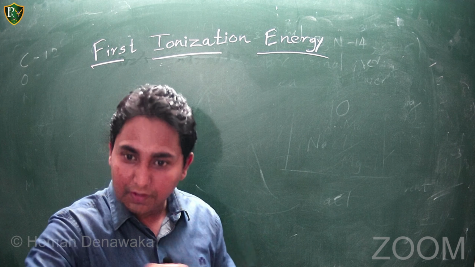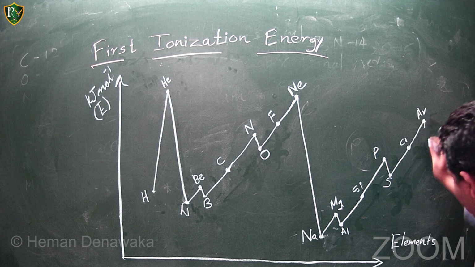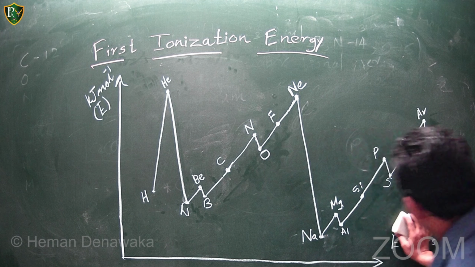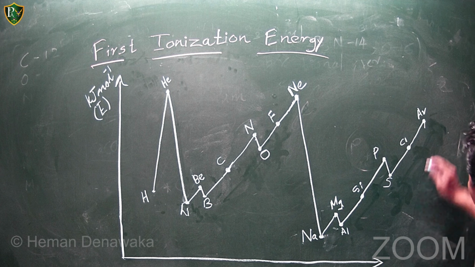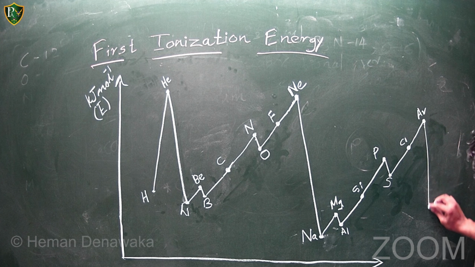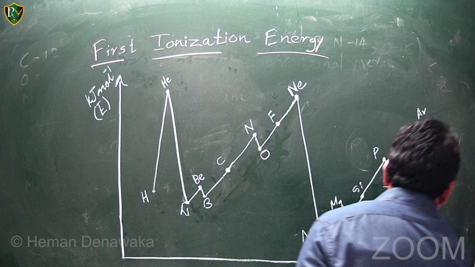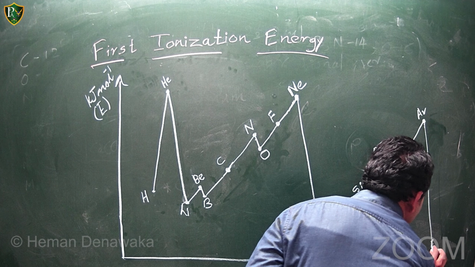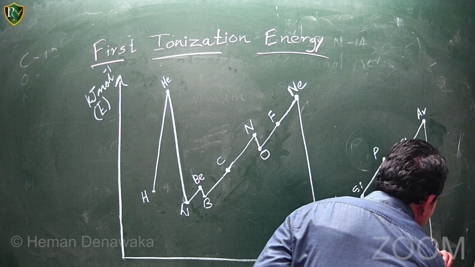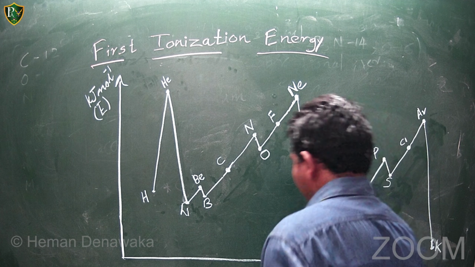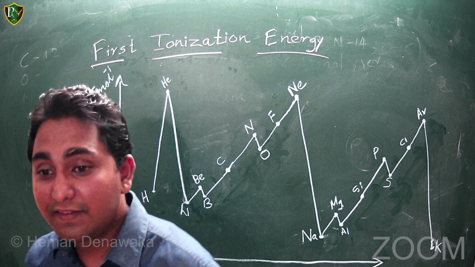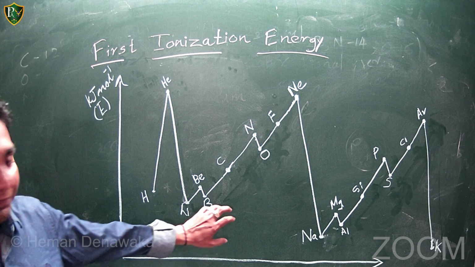And from argon it has to again go drastically down, and you will get potassium. All right, this is the pattern. This is all you need to remember. It's nothing hard. It's very easy actually when you think about it.